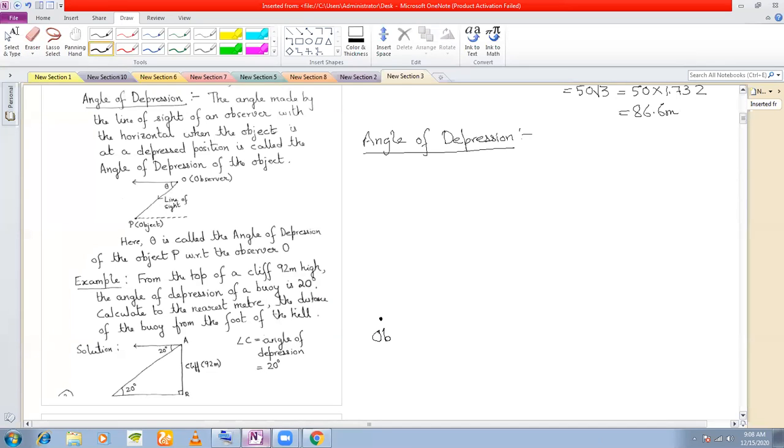Let's say I have an object. This time the object is at a position below the observer. And let's say I have an observer here, and he is looking down towards the object. So this becomes his line of sight, right? If this is the line of sight, what is the horizontal? This line becomes your horizontal.